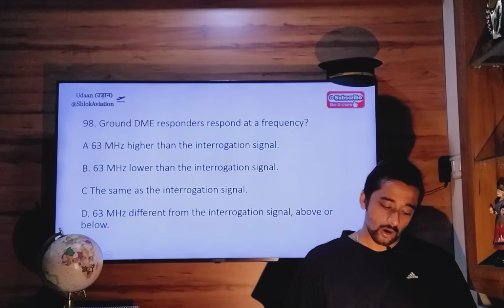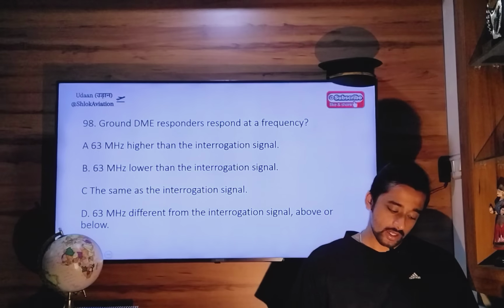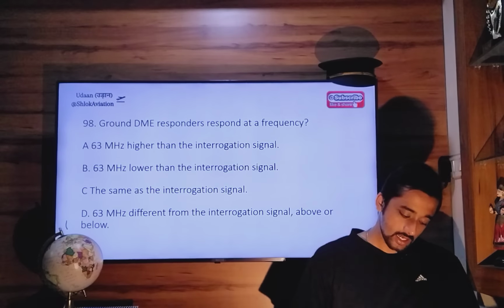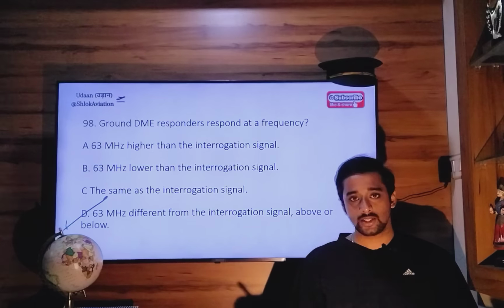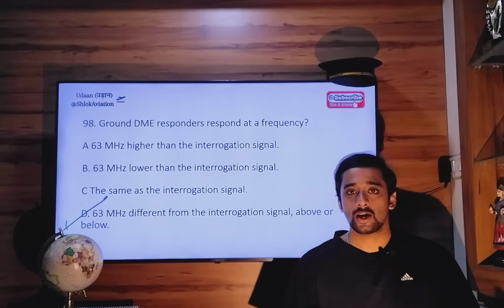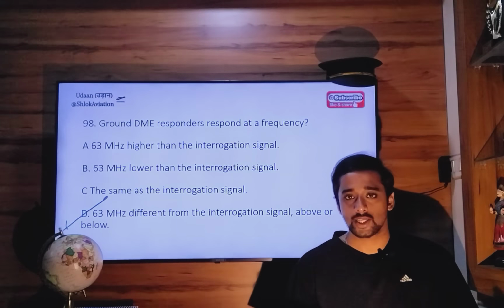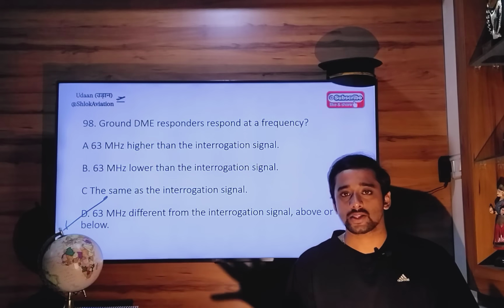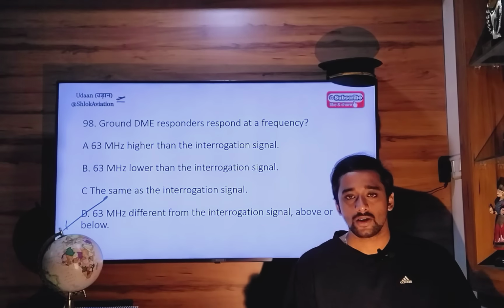Next. 98. Ground DME transponders respond at a frequency which is 63 megahertz different from the interrogation signal. Meaning, your aircraft interrogator will transmit a radar pulse in the direction of the DME station at a particular frequency, let's say 1000 megahertz or whatever.